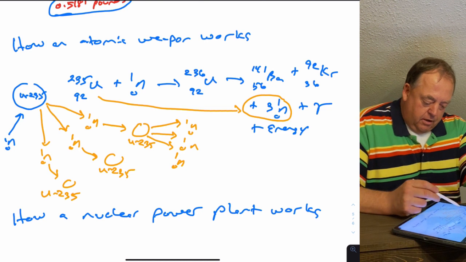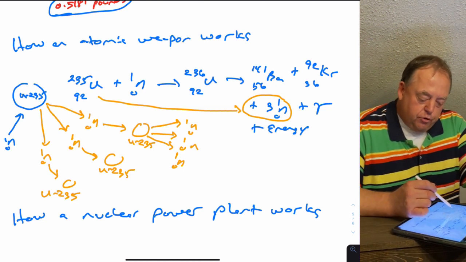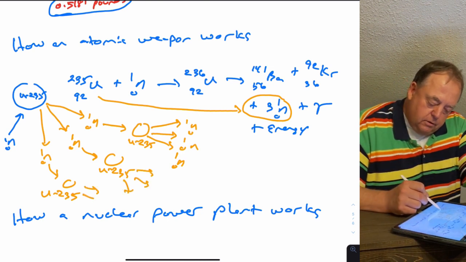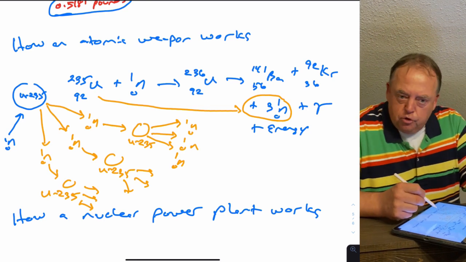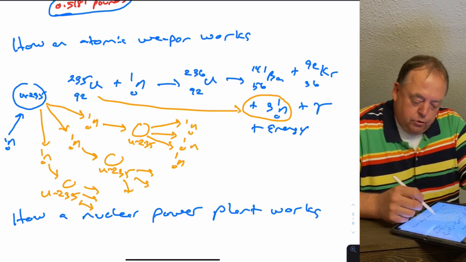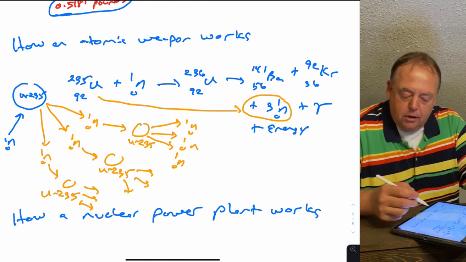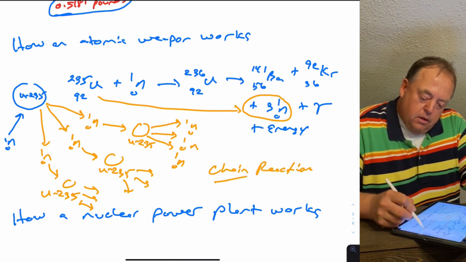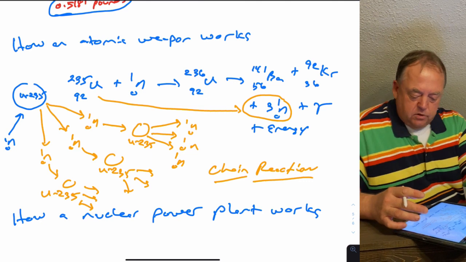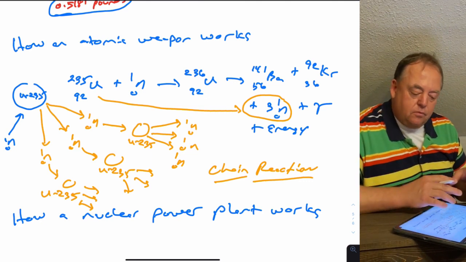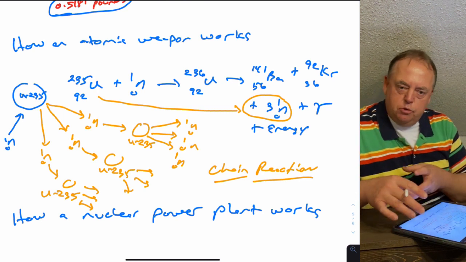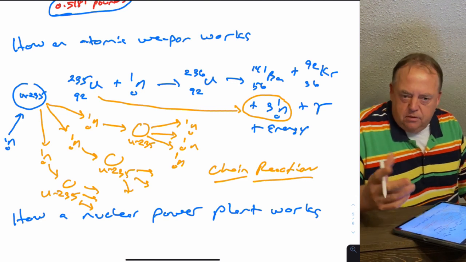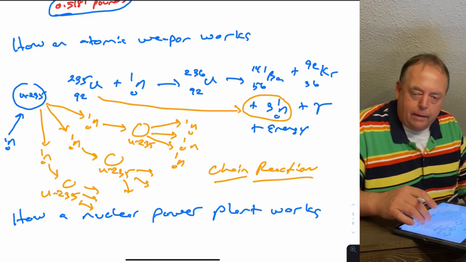So you can see, 1 uranium originally gave off 3 neutrons, and those 3 neutrons hit 3 more uraniums, and those give off 3 more neutrons. So now you have 9 neutrons, and if those hit 9 more uraniums, then you give off 27 neutrons, and now you have what's called a chain reaction going on. And so this is just magnifying, right? One simple reaction becomes 3, which becomes 9, which becomes 27. Tremendous amount of energy being given off each time, and that's basically how a nuclear weapon works.